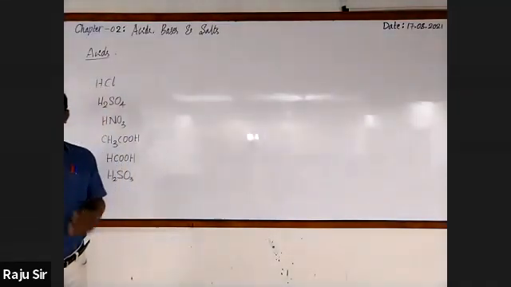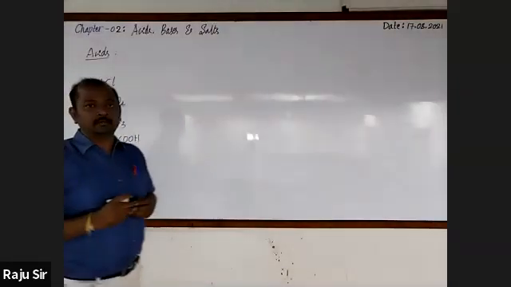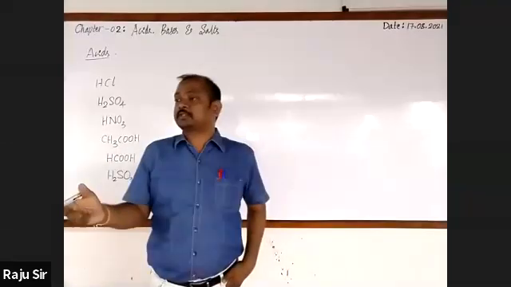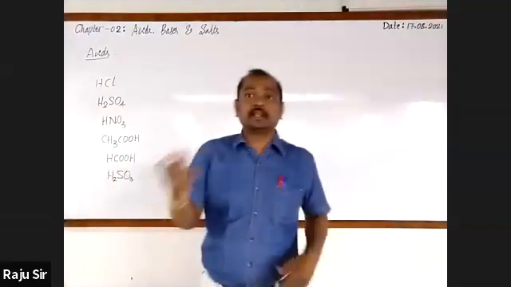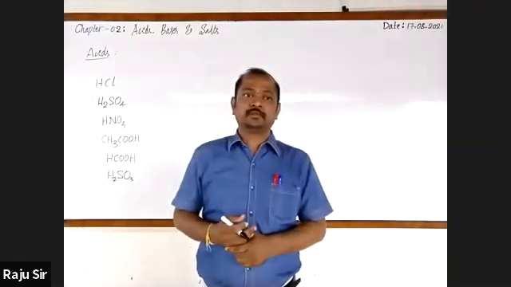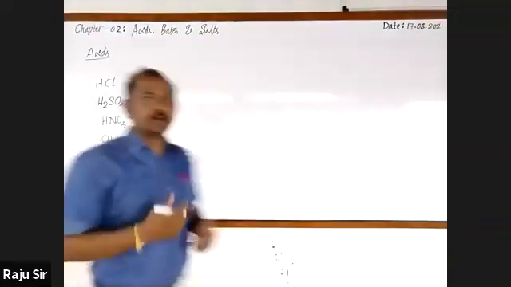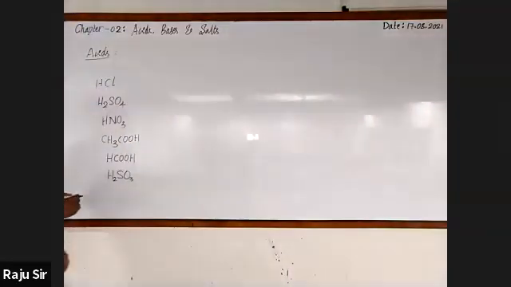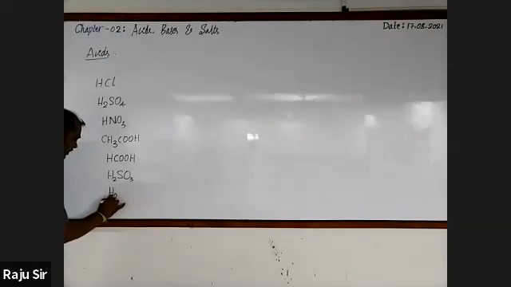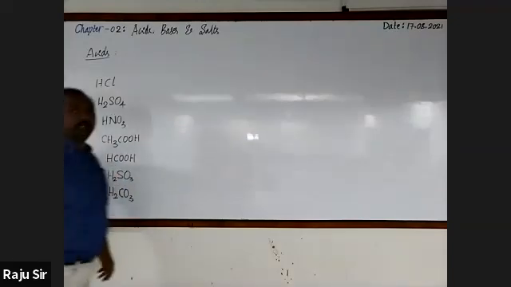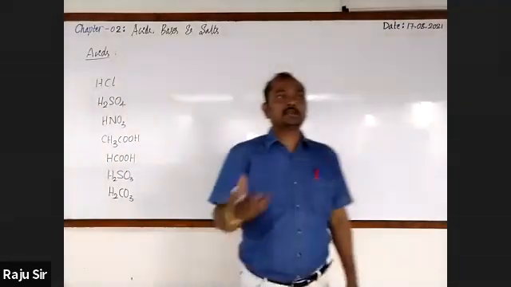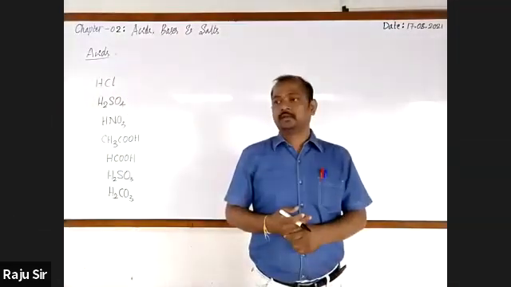Similarly, again, one of the weak acids present in the atmosphere is formed by the reaction between carbon dioxide and water vapors. Very good. It is carbonic acid, formula H2CO3.